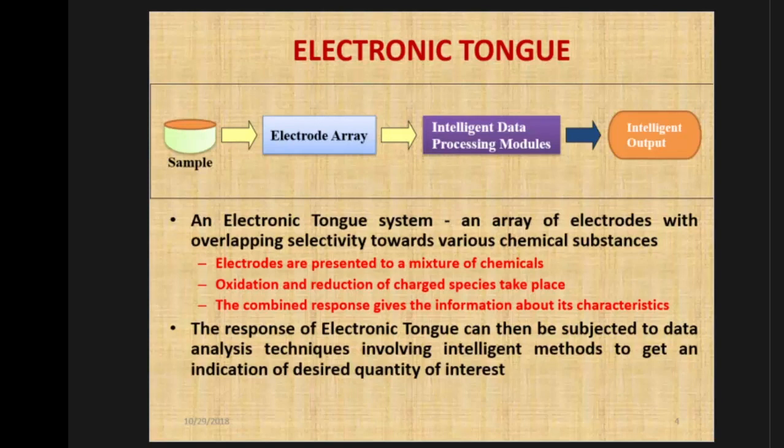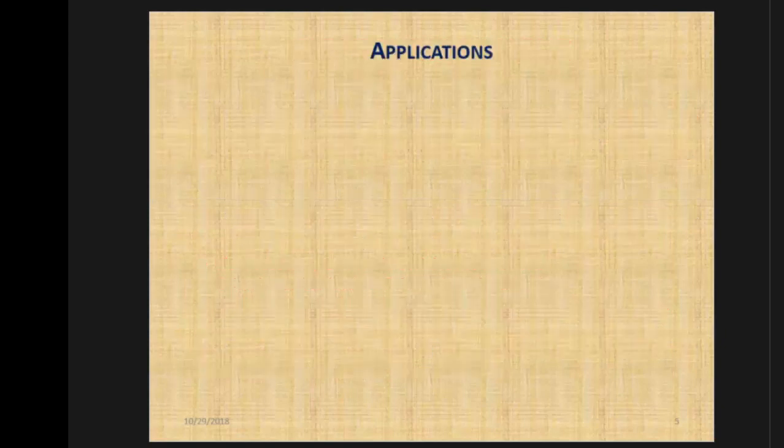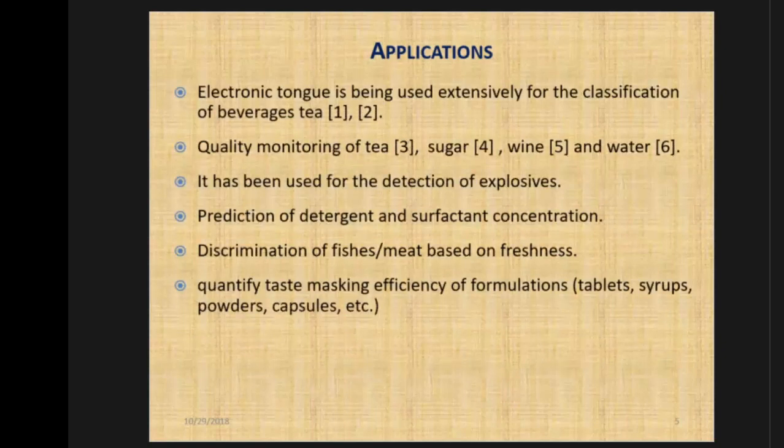And then data analysis techniques, statistical as well as artificial intelligence motivated techniques, can be used to generate the separation or classification and then quantification tasks also. There are lots of applications with lots of literature.